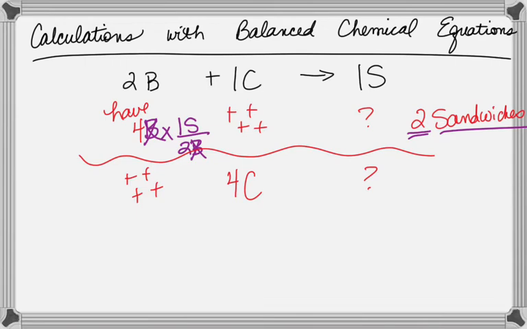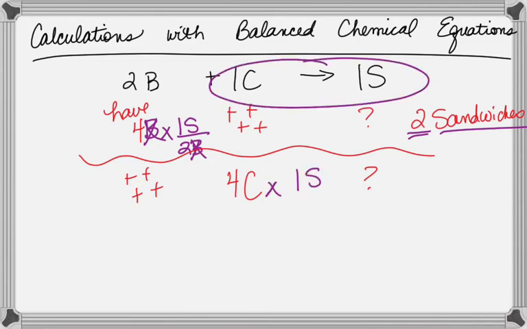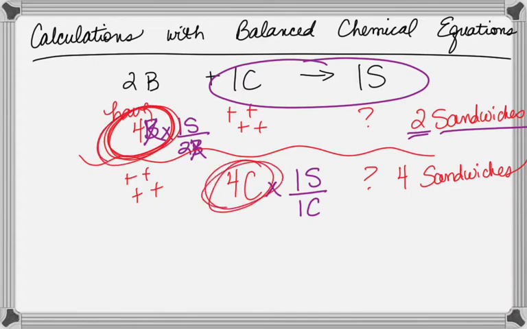No, because the balanced equation says I'll make 1 sandwich for every piece of cheese. So if I start with 4 cheeses, I'm going to make 4 sandwiches. So it's not the same answer. If you're starting with the same amount of different reactants, you're not going to get the same answer every time, because it depends on how those reactants are used to make the product.